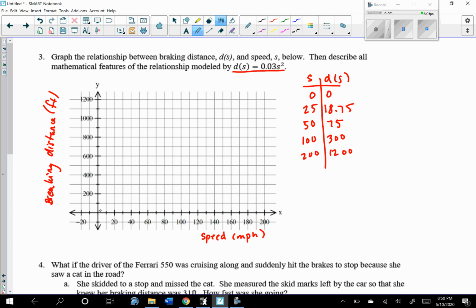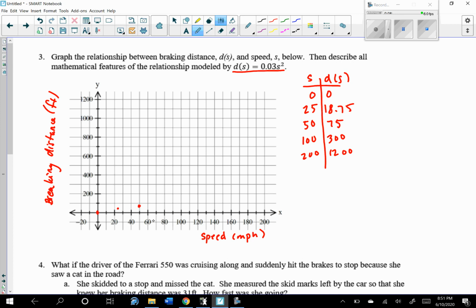So for this, we have 0, 0 and 25, 18.75. So these are going by 100 on the y-axis, so 25, 18.75 would be somewhere here. It looks like the x-axis is going by tens. 50 and 75.